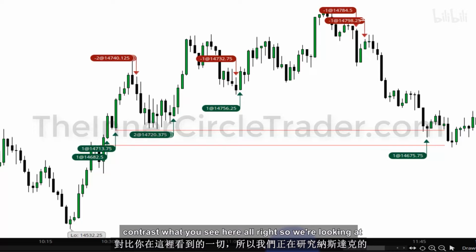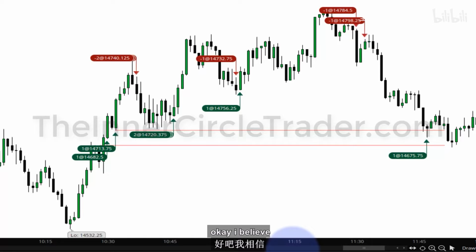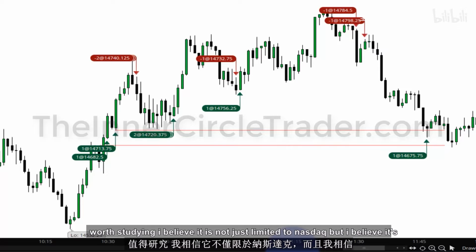All right, so we're looking at intraday price action for NASDAQ E-mini futures. And this is actually the main focus of this mentorship, okay? I believe that this market is worth studying.